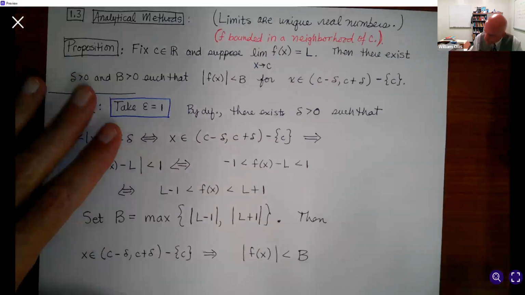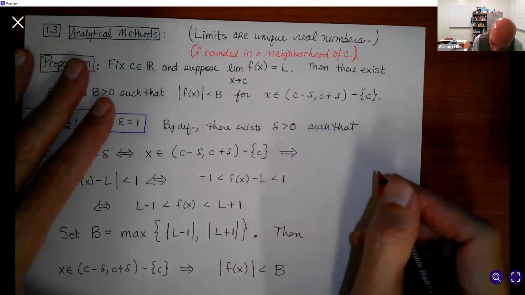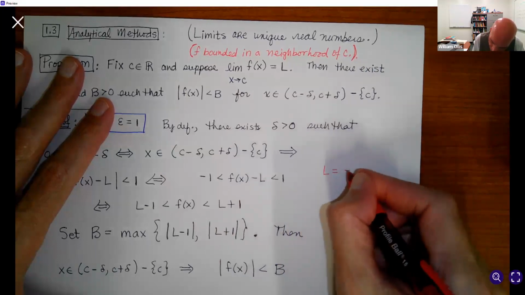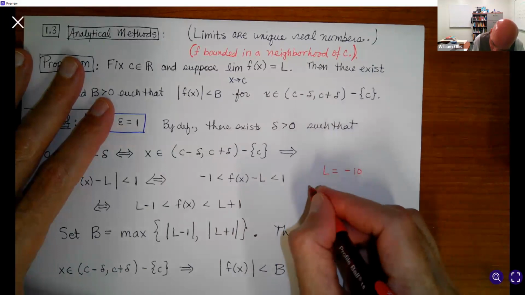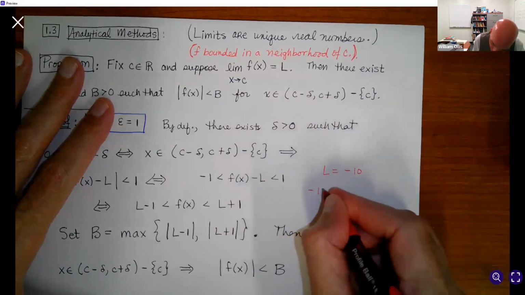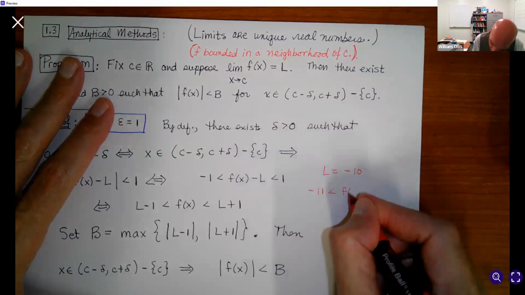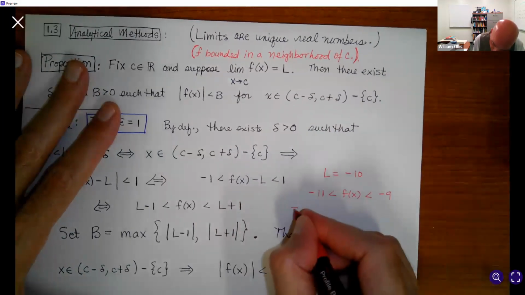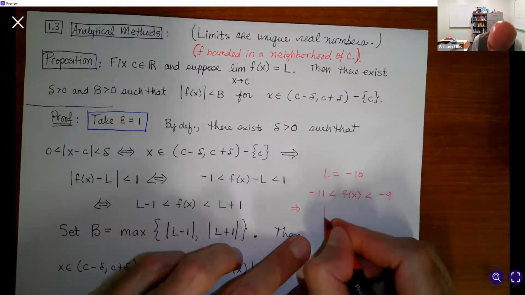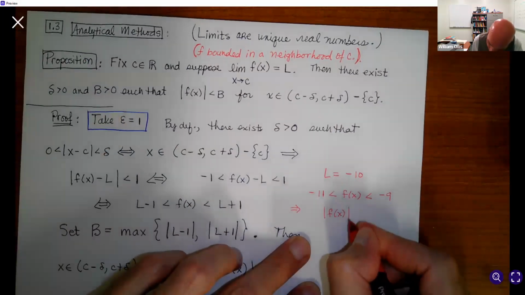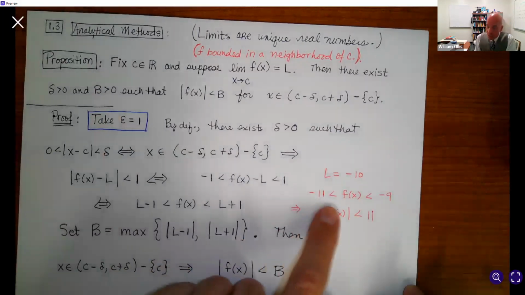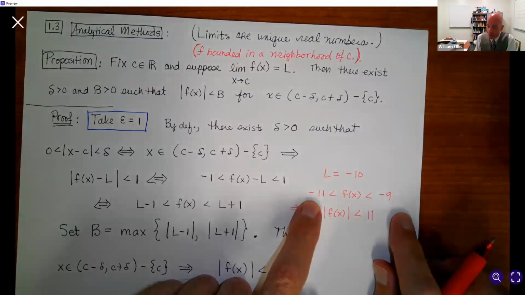Here's an example of this. Say you have L equal to negative 10. And so we have L - 1, so that's negative 11 < f(x) < negative 9. And so this will imply that the absolute value of f(x), in this case, will be less than 11, because the larger value in absolute value is here.